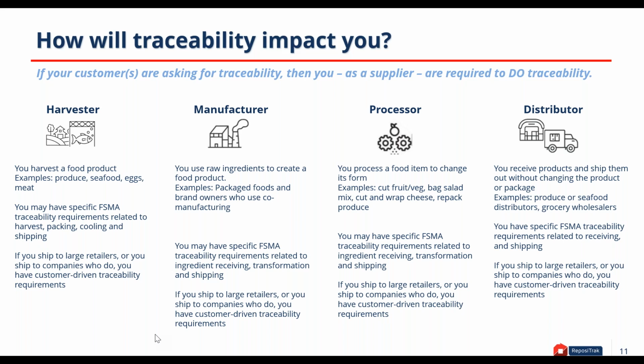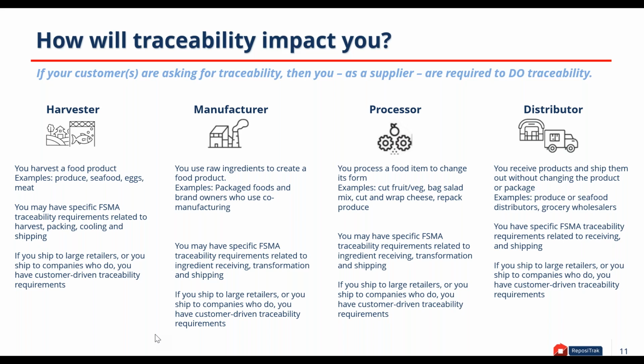And then finally, distributors. I've defined a distributor as you don't change the product. It comes in, it goes out. You're breaking down pallets into case quantities, and you're creating mixed case pallets to ship out to customers, but you're not changing anything. You're not processing, you're not repacking. You're purely a distributor. There are very few distributors that aren't carrying anything that's on the food traceability list.